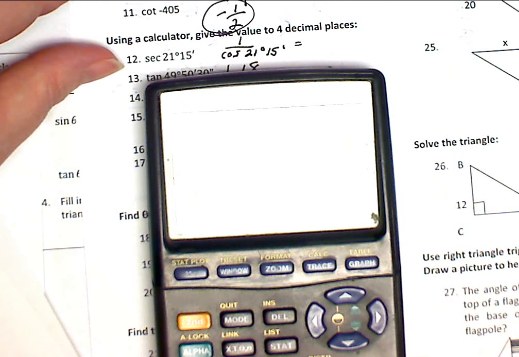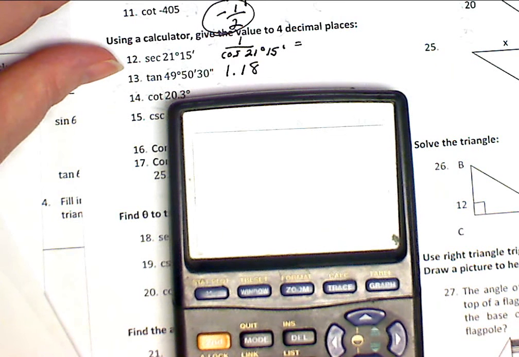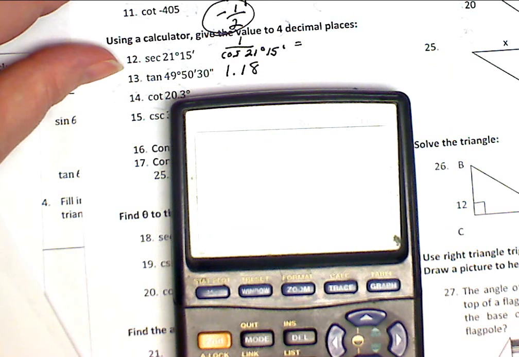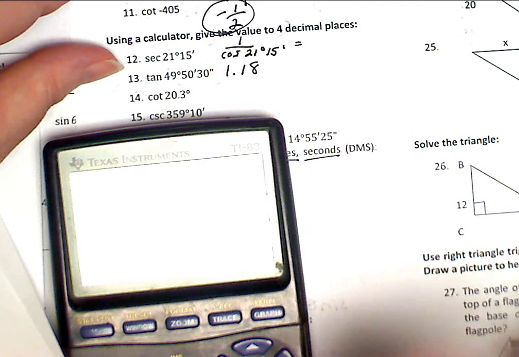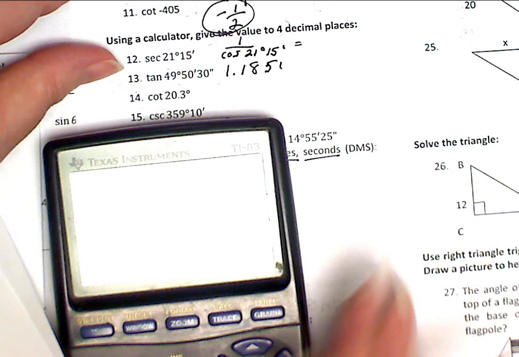What part don't you understand? Do you get 1.9? Actually, it says to the 4 degrees, so this should be 5-1.